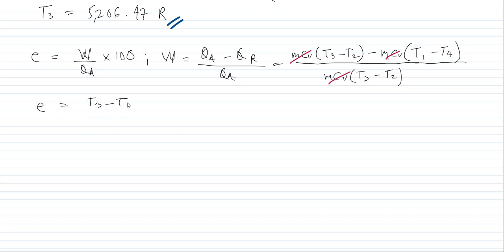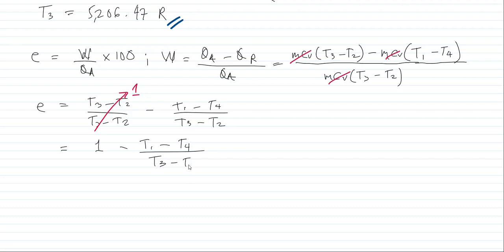We can simplify it as T3 minus T2 over T3 minus T2, minus T1 minus T4 over T3 minus T2. Distributing the denominator, T3 minus T2 over itself will be equal to 1, and then this will become 1 minus T1 minus T4 over T3 minus T2.